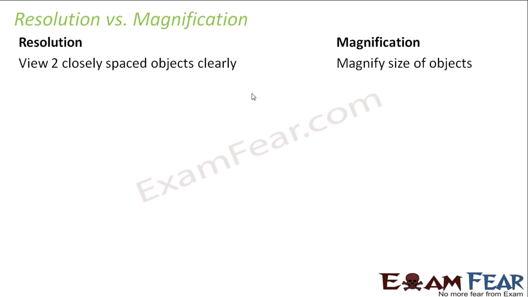If you have some picture and you enlarge it to a very large extent, the clarity of the picture is lost. So the magnification is improving but the resolution is decreasing, right? So resolution basically means clarity or the distinctness of two different objects, whereas magnification means the enlargement of the size of an object.